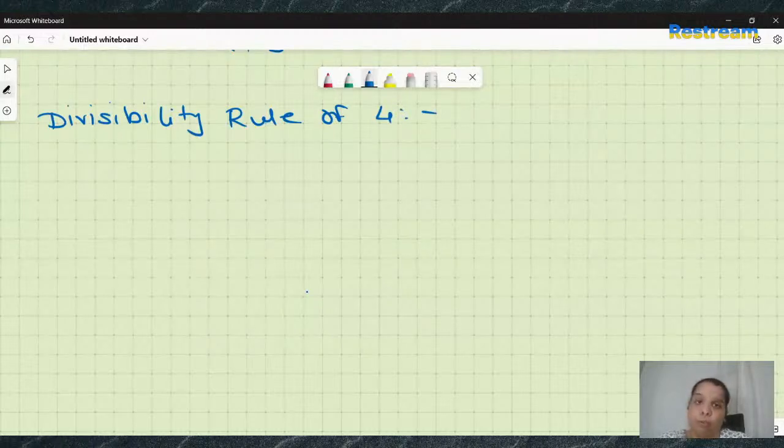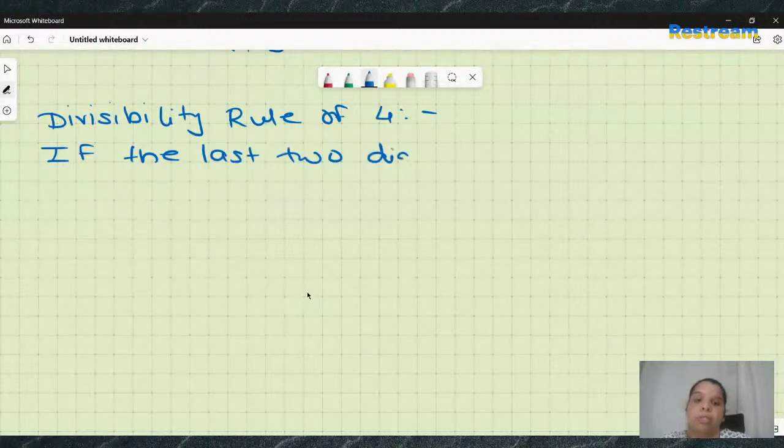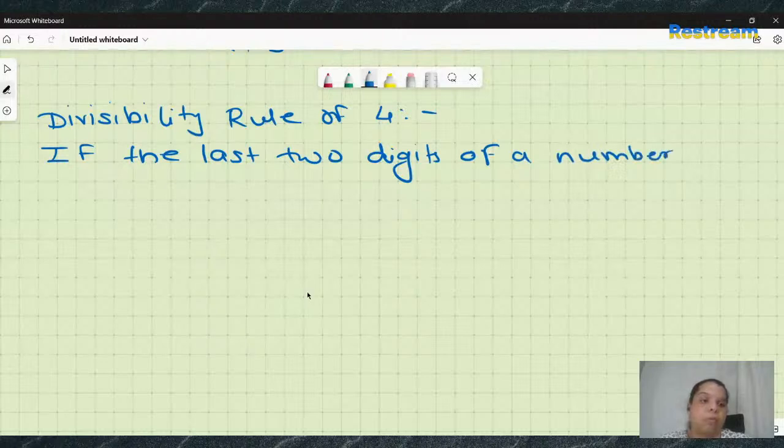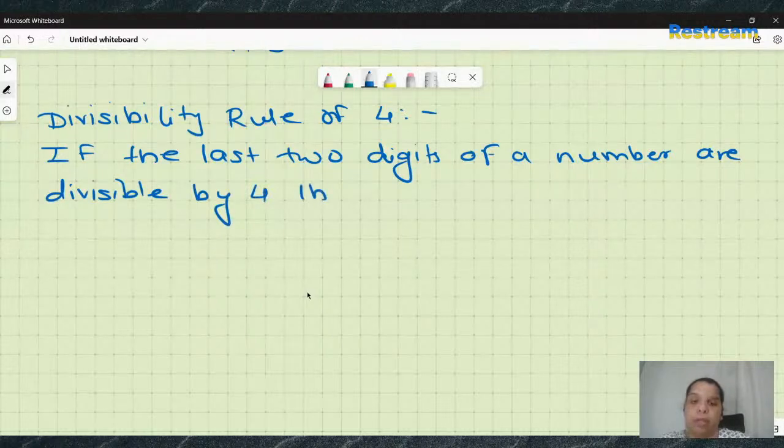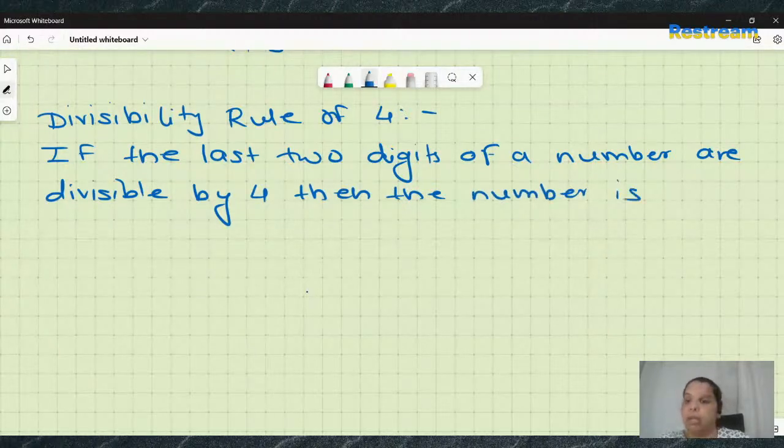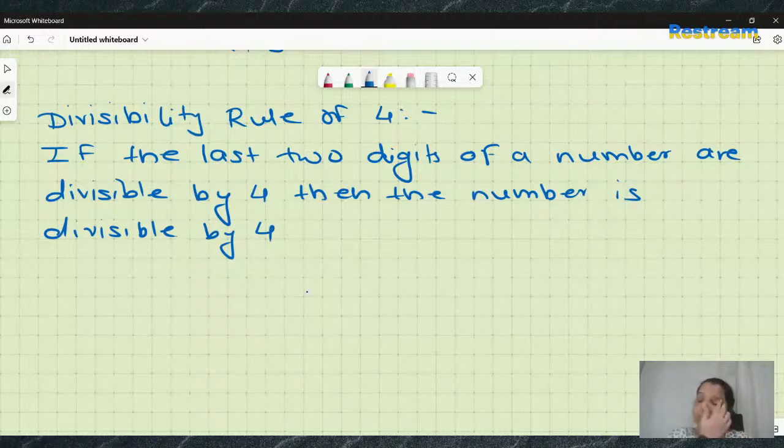The divisibility rule of 4 states that if the last two digits of a number are divisible by 4, then the number is divisible by 4.